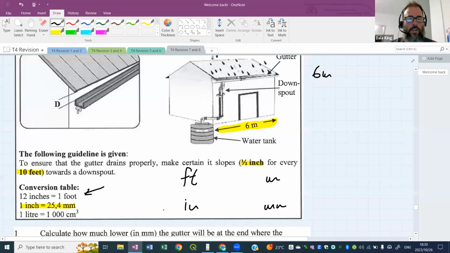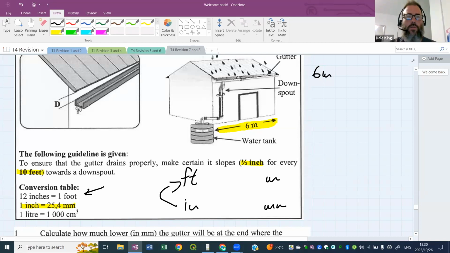First thing I want to do is go from inches to feet. If 1 inch is 25,4 millimeters, then how many millimeters will 12 inches be? I've got a 12 inch to 1 foot conversion here. If I can get 12 inches, I know I've got a foot.